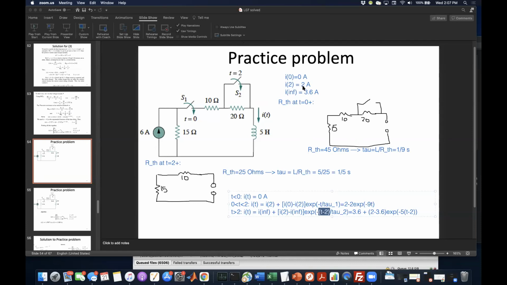So this is your new baseline for the second transient. When that second switch flips, the current's going to go from 2 amps to 3.6 amps with a time constant of 1/5 of a second. And so everything's the same except for 2 things. One, our initial condition is the value of the current at time 2, not at time 0, because remember, we're using that as our new baseline.